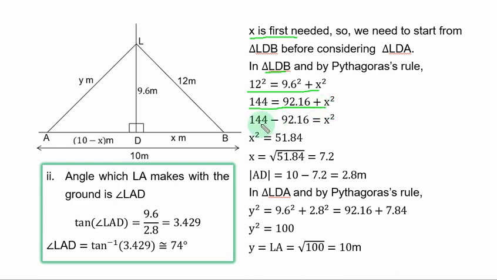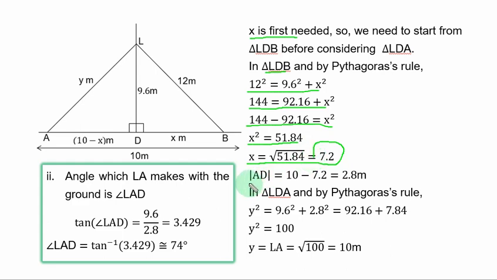Collect like terms, you have 144 minus 92.16 equal to S squared, and S squared is equal to 51.84. To get S, take the root of both sides, so S is equal to the square root of 51.84, and that is 7.2.